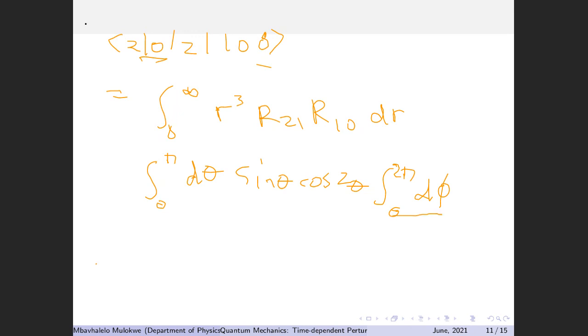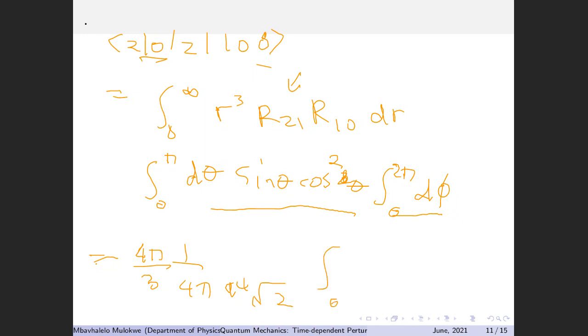Once you do the angular integral over d theta, it is also simple. I think everyone can do that integral. So the only integral that will be left will be the one over the radial coordinates. So you get 4 pi over 3, 1 over 4 pi, 4 square root 2.